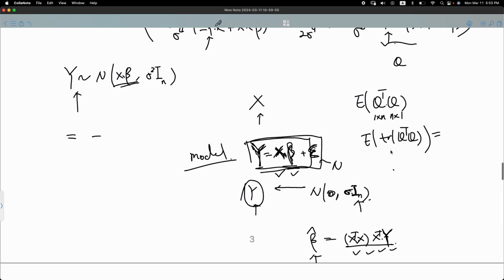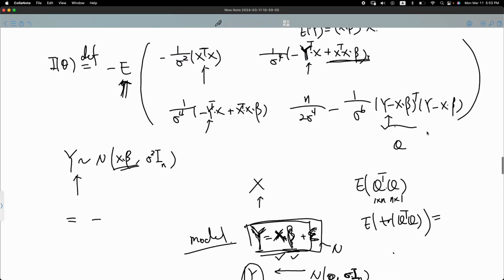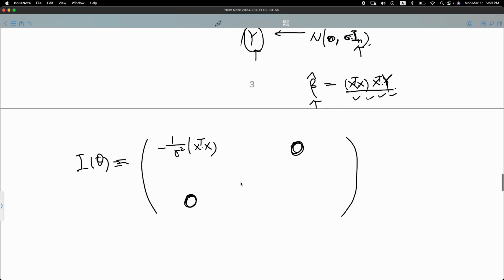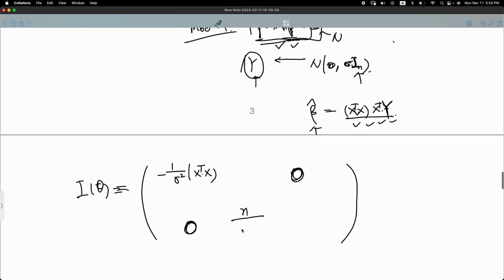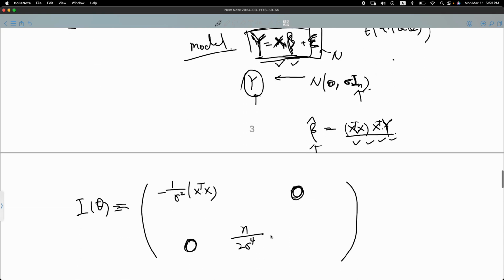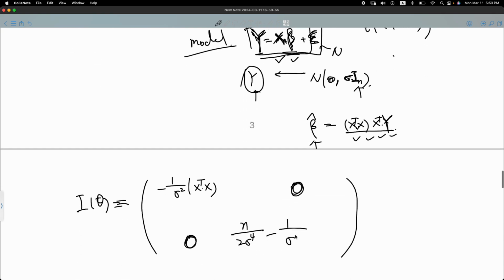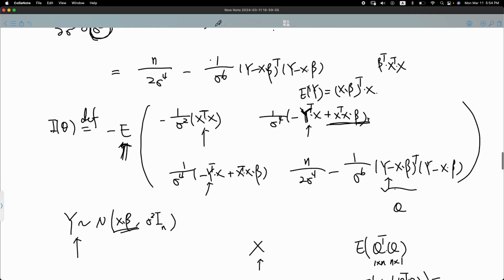Does that make sense? After you evaluate this expectation for this quadratic term, you will have n over 2 multiplied by sigma raised to the power of 4, minus 1 over sigma raised to the power of 6, and then the expectation of this.